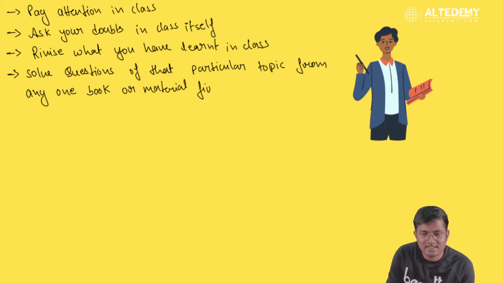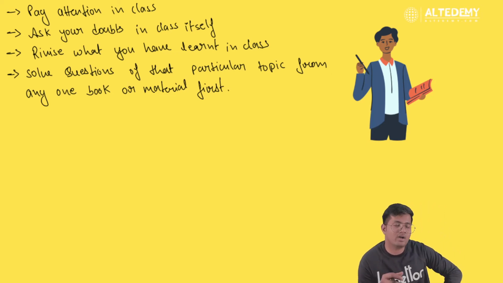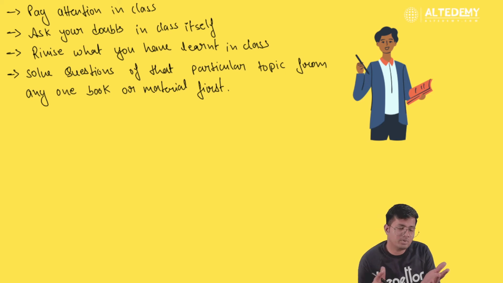See, I have seen that because of the availability of material in the market, or rather I should say on the online platforms, these students are having materials of so many institutes, and they are not able to complete one chapter. Instead of going for all the material, stick to one material and then solve each and every chapter from that material itself, right?